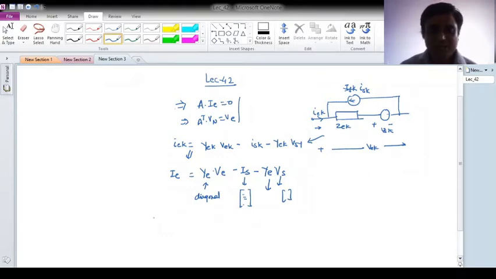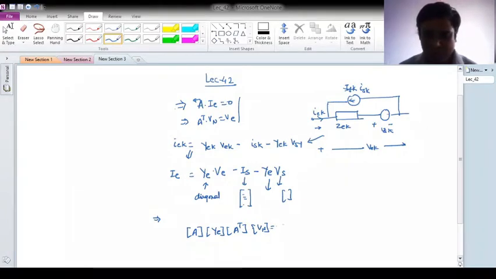And then what we did, some simplification: we pre-multiplied by the matrix A, and we know how to obtain the A matrix. From that we derived one equation, A into Y matrix multiplied with A transpose matrix multiplied with the node voltage column vector, equal to A into I_S source current plus A matrix multiplied with Y into V_S.